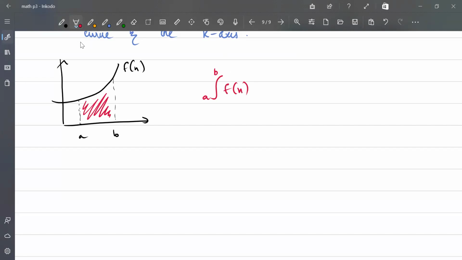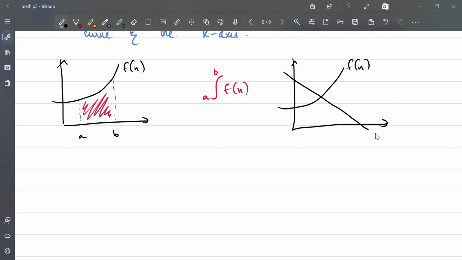Let's say we have a function f(x) and a straight line g(x), and the area required is this.